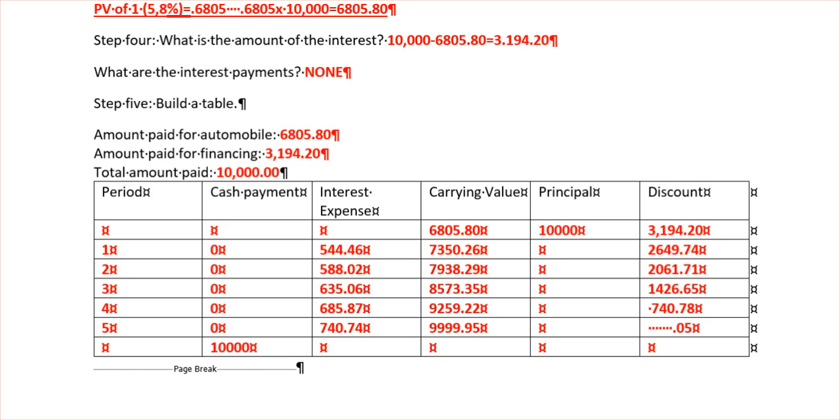Let's talk about where the numbers are coming from in the table. It's very important you understand this. In the first column, the period column, you need to start labeling it going from 0 up to 5, and 0, the first line, is going to be when you put it on the books.